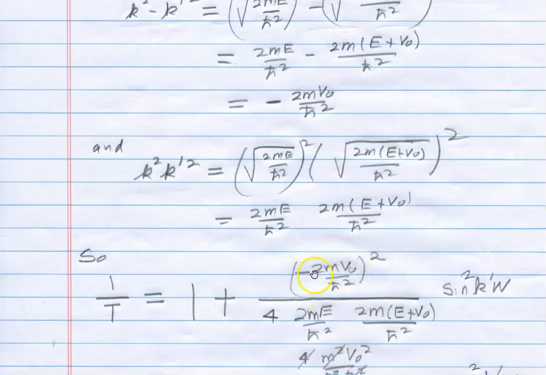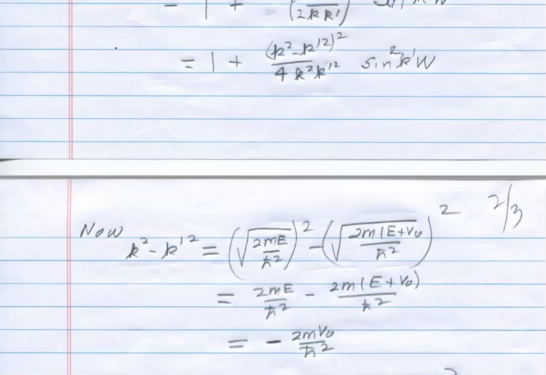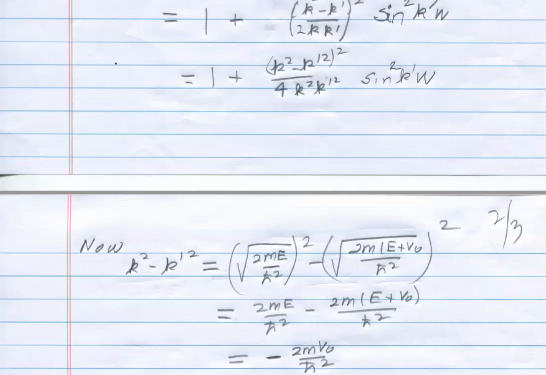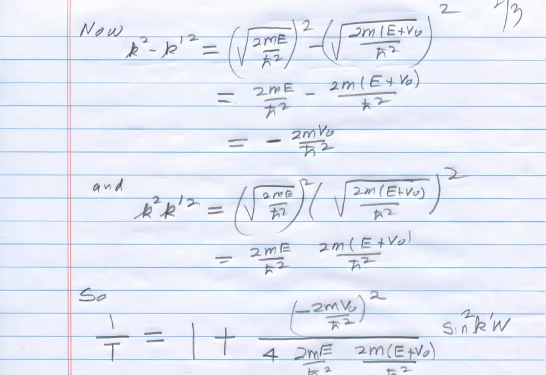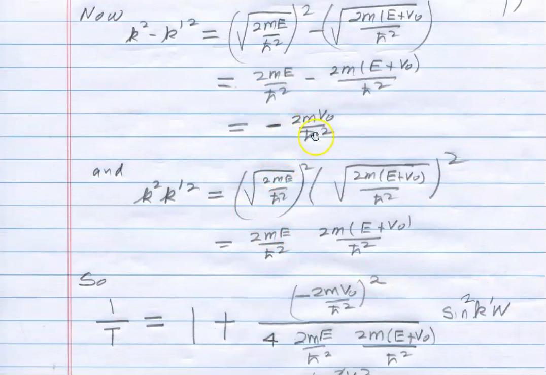This piece here was the k squared minus k prime squared, squared. So there's k minus k prime squared. And then the k prime, that is just this, and that was in the k squared k prime squared. A 4 k prime squared is these.